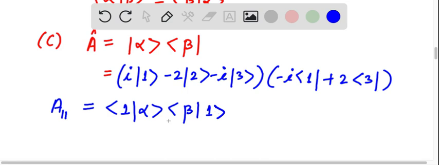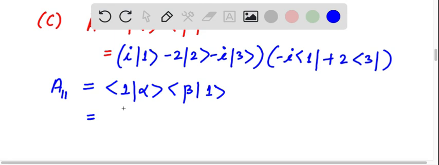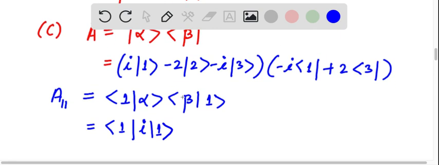If you find this value ⟨1|alpha⟩, you will get i, and applying this on the state, the value of ⟨beta|1⟩ is minus i.